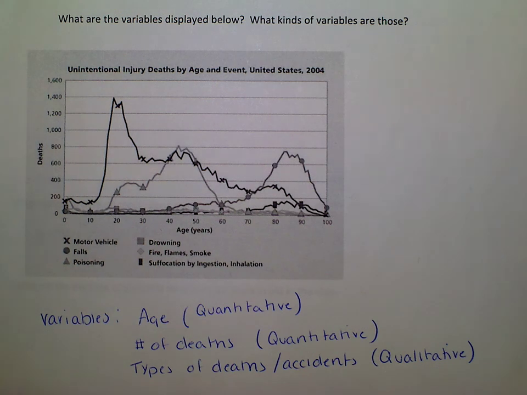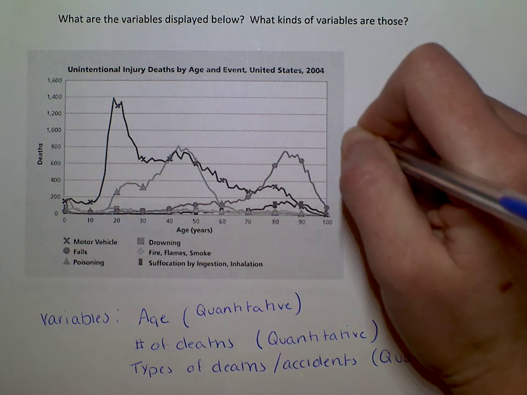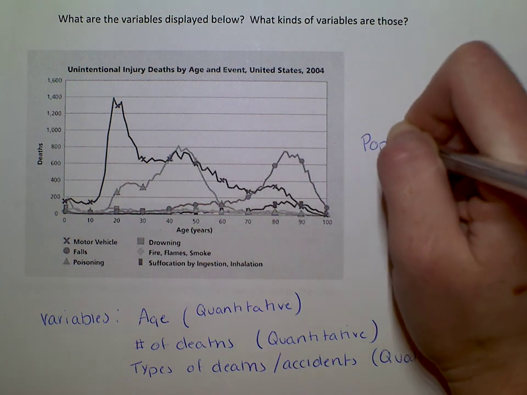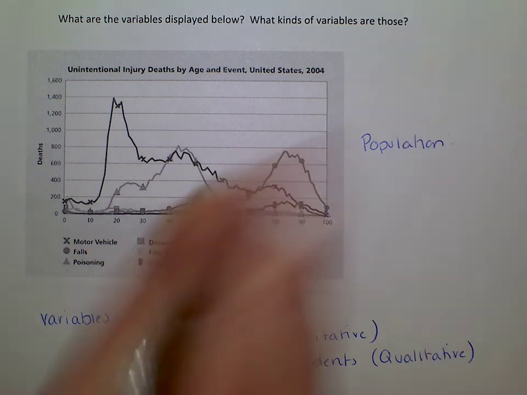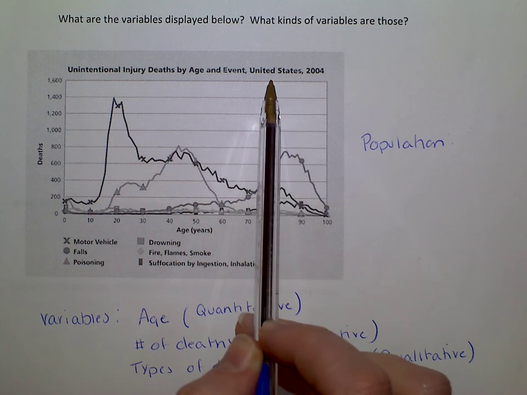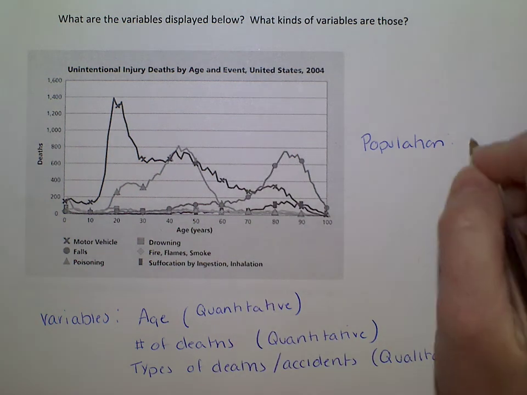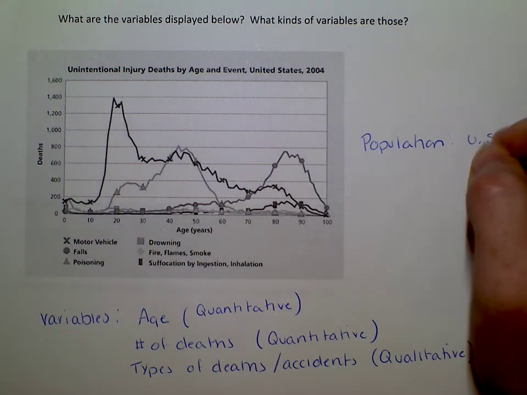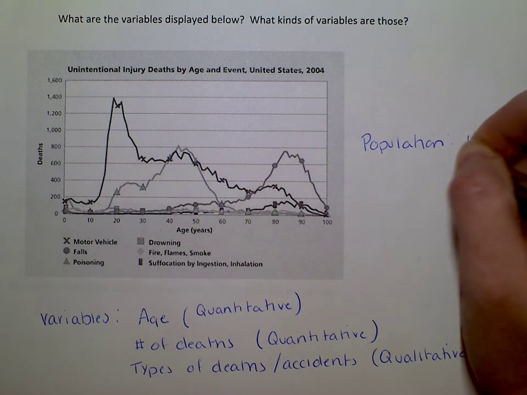Okay. I know I didn't ask for it, but if we had to talk about our population here, let's go look at the title. It says unintentional injury deaths by age and event in the United States. So it looks like they're studying the U.S. population, we'll say.